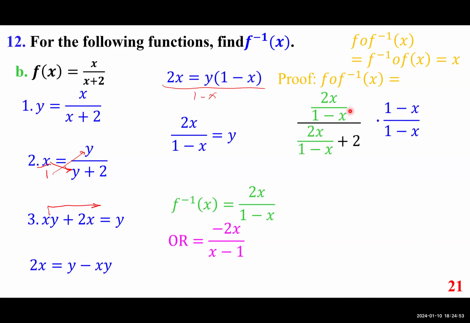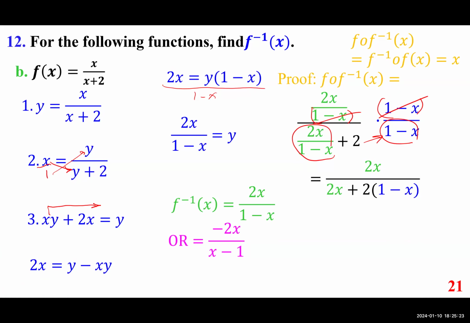Now, clearly, when we multiply these two, it's very simple. This cancels out this one. So the numerator becomes simply 2x. But what happens to the denominator? When you multiply these two, you are left with 2x again. And then when you multiply these two, we are going to write it to make sure we understand how to simplify it.